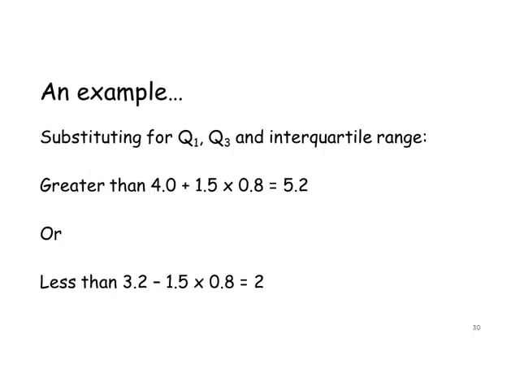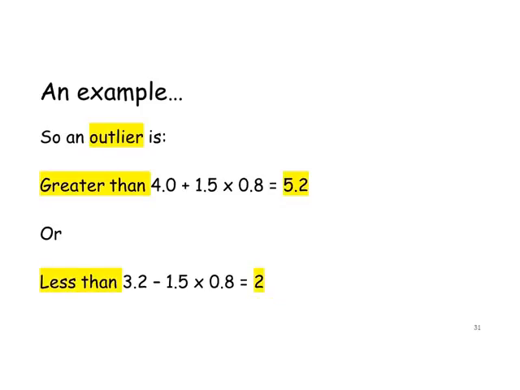So let's substitute in for Q1, Q3 and the interquartile range. What we find is that we are interested in the numbers 5.2 and 2. So an outlier is either greater than 5.2 or less than 2.